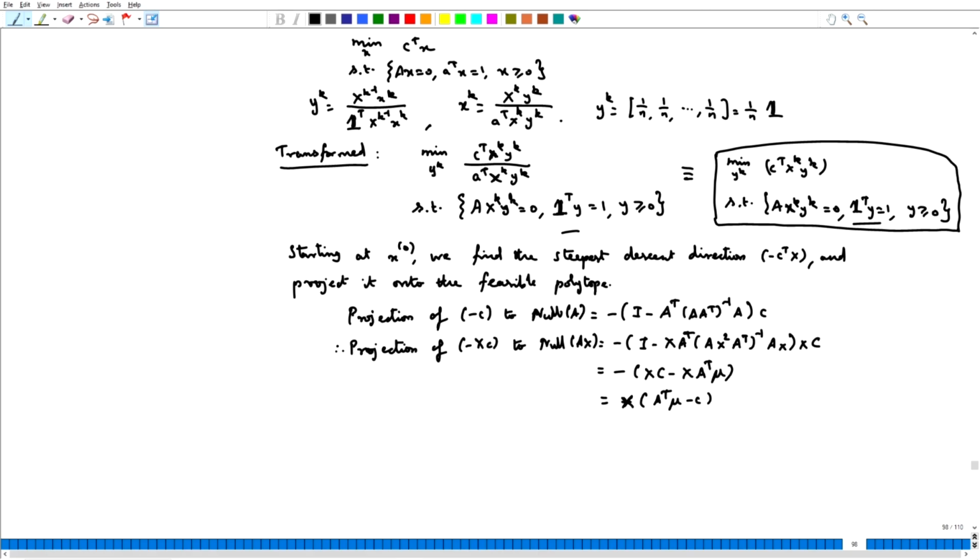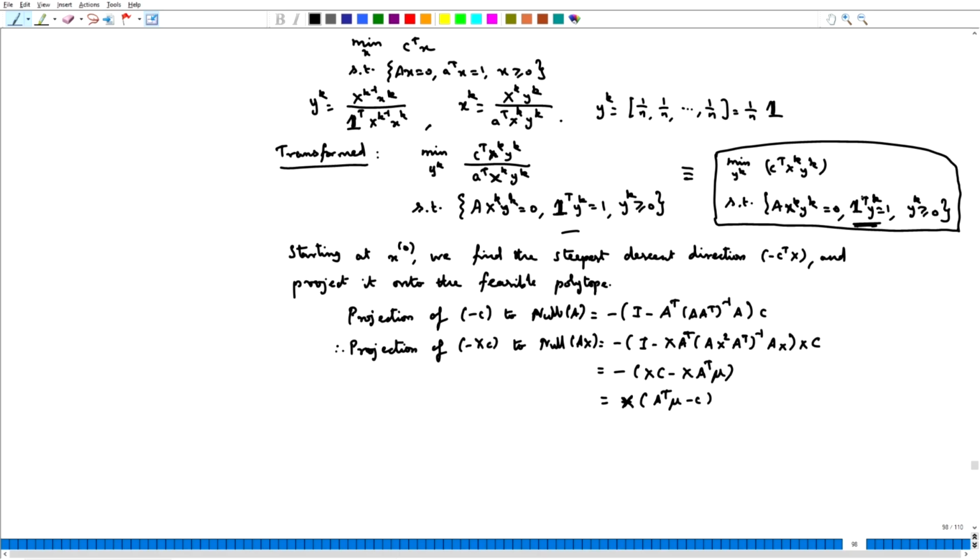But we have to do one more thing, because we also have to project this to 1 transpose y equal to 1, right. So, what I am doing is that I am first projecting onto the space Ax k y k equal to 0, and then I am projecting again to 1 transpose, I should have written 1 y k, since I have written y k everywhere, right. So, I am now projecting it onto this matrix 1. You can say it is a vector, but it is also a matrix of size 1 cross n, right.